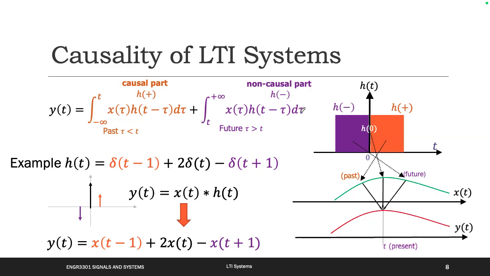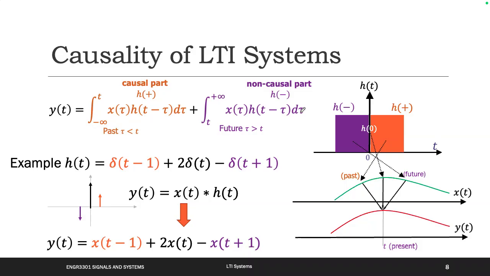You can see y(t) equals x(t) convolved with h(t), am I right? Equal to x(t) convolution with delta(t minus 1) plus delta(t) minus delta(t plus 1). Am I right?